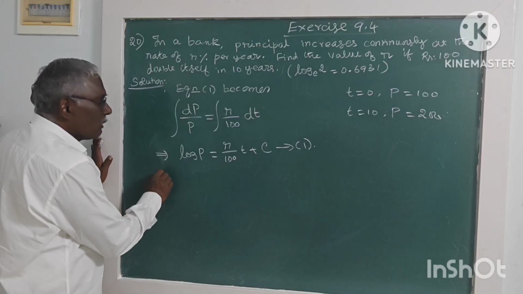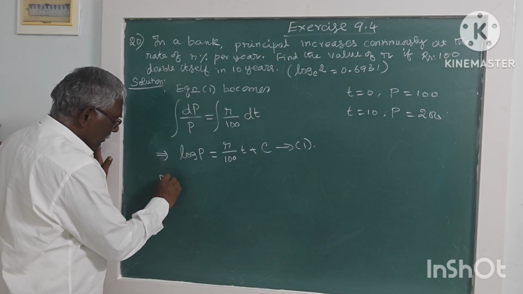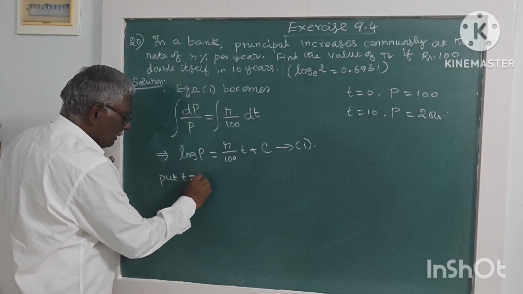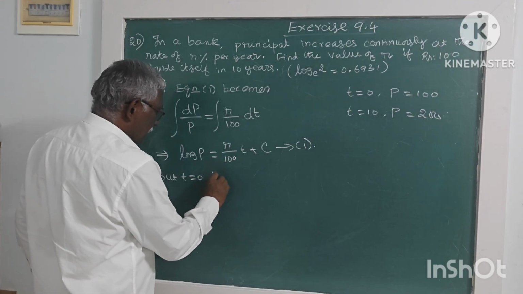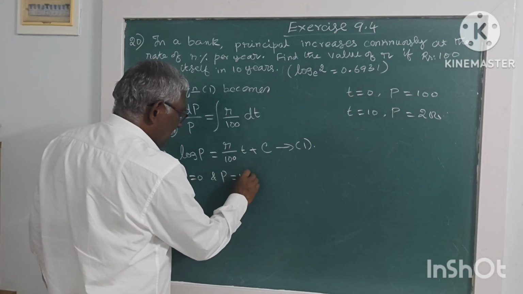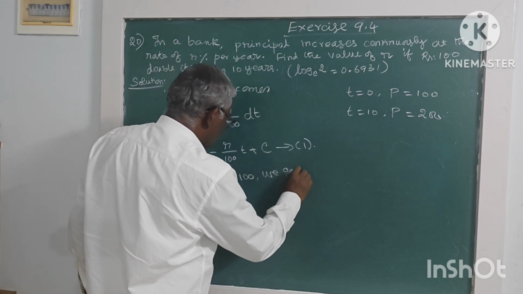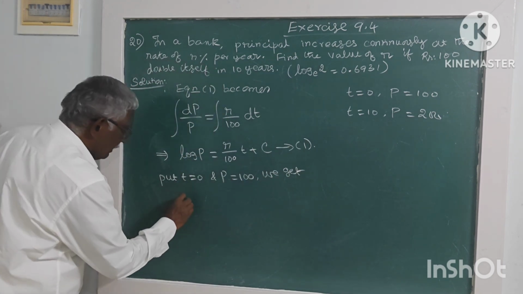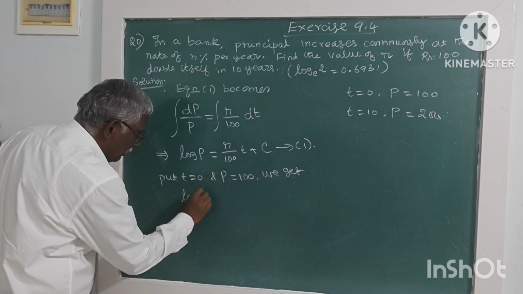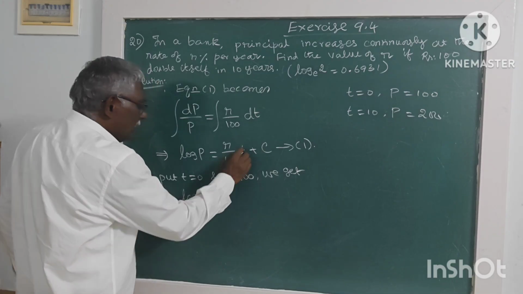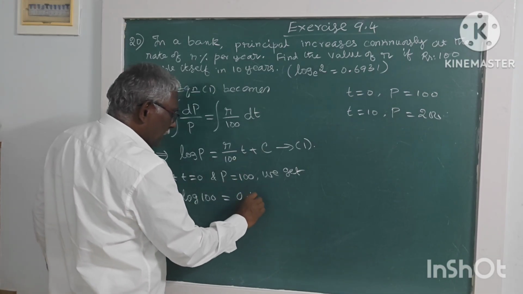At t is equal to 0, put t is equal to 0 and p is equal to 100, we get log 100 is equal to r by 100 times 0 plus c.